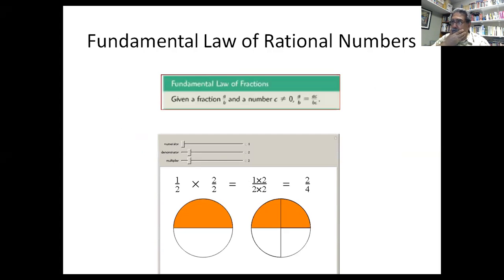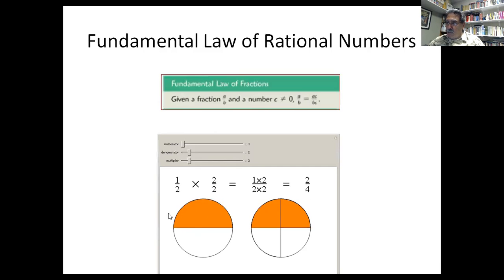Let's look at this. I think this graph helps. Fundamental laws of fractions regarding rational numbers. If we have A divided by B and a number C is not equal to 0, if we multiply both A and B by C, A over B is equal to A times C over B times C. 1 over 2, if you multiply both by 2 over 2, you get 2 over 4, which is the same.